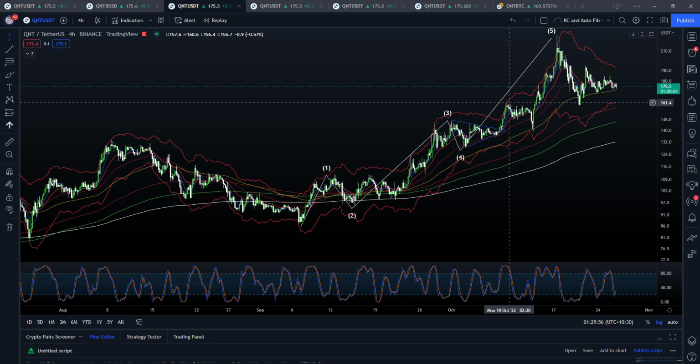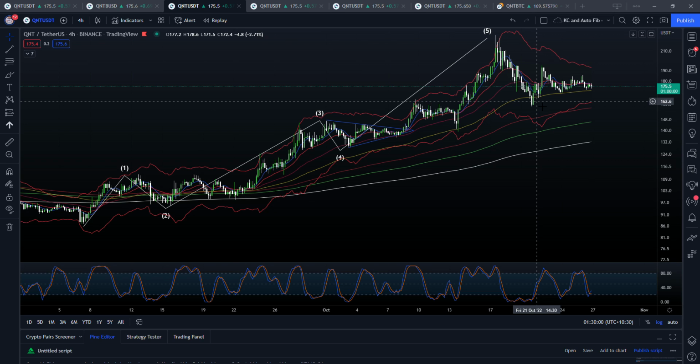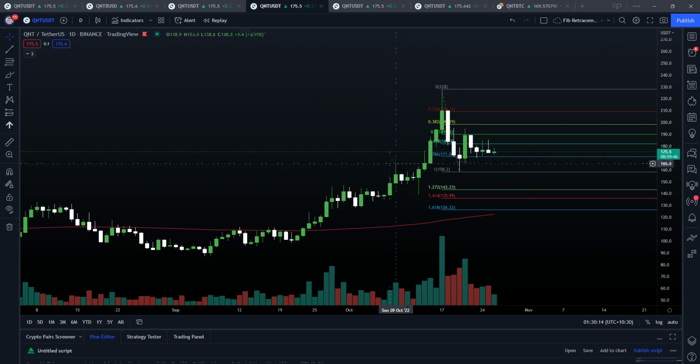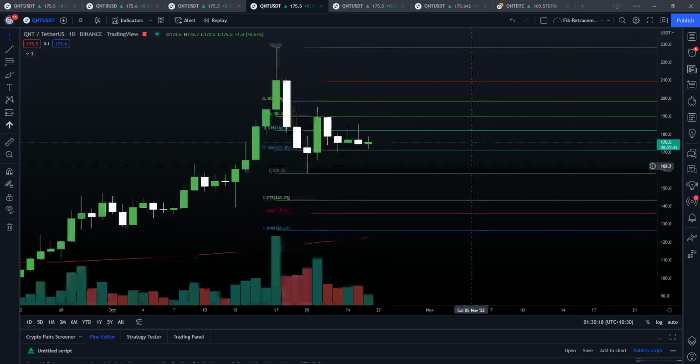We found resistance here at 160, so there's a good chance that we've already actually come down here to 158, rallied back up, but we'll retest this area again before continuing higher. Now over to the Fibonacci, we've got this impulse move down.